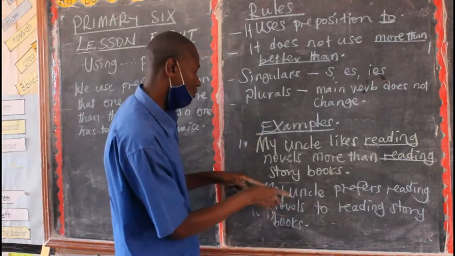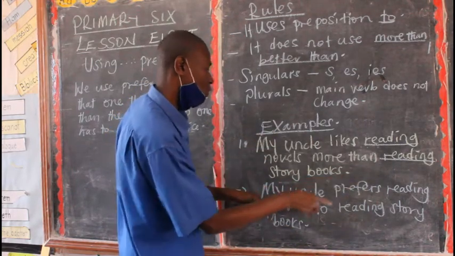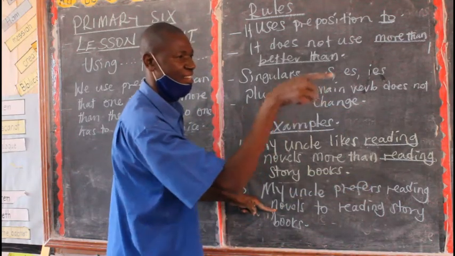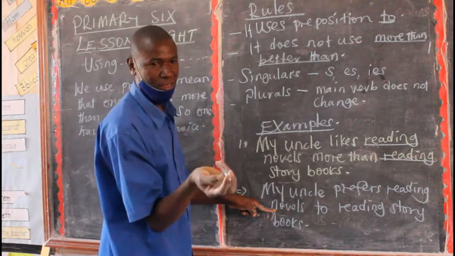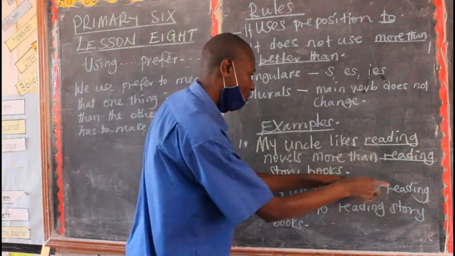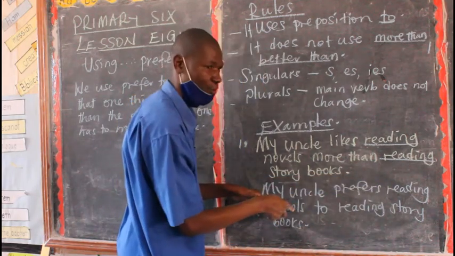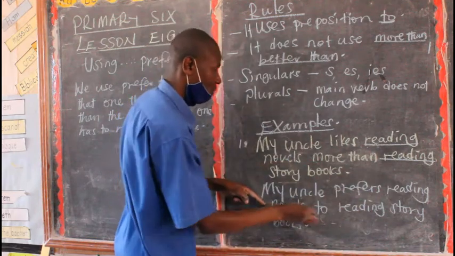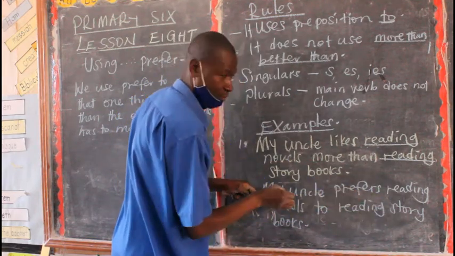Why? Because when you say prefers reading novels to storybooks, what do you mean? Carrying them or taking them somewhere? So you must repeat the action, reading storybooks and reading novels. That means that he reads storybooks and also he reads the novels.